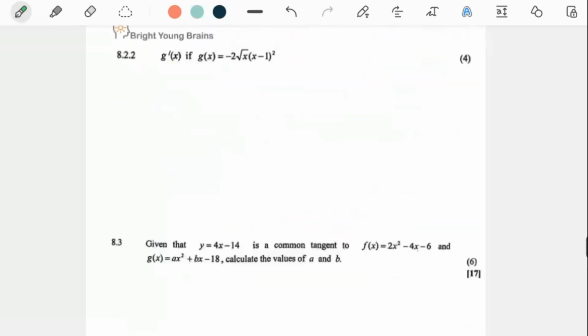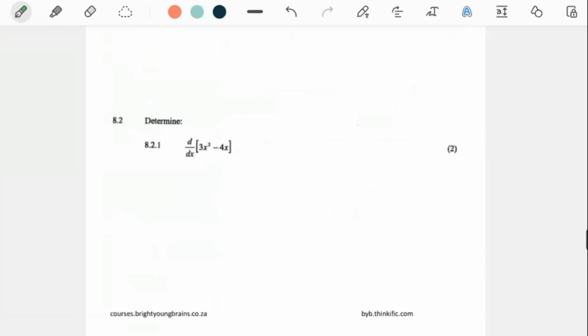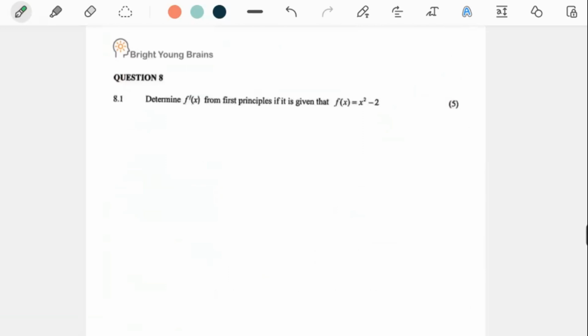Question number 8. Let's see what question number 8 is asking us to do. Question number 8 looks straightforward as usual because we have the first principles question as usual and then the rest.